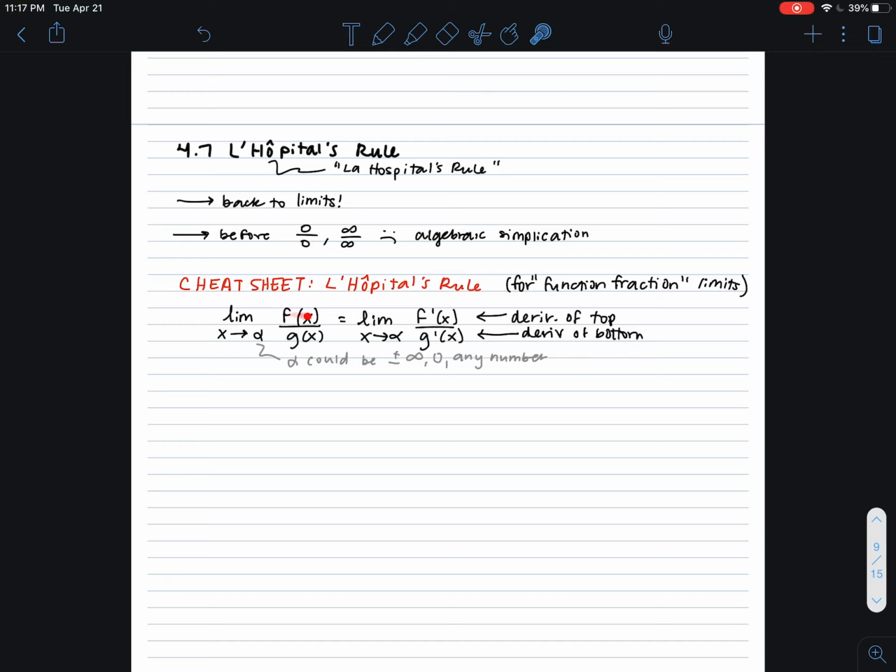This is just taking the derivative of the top, taking the derivative of the bottom, and leaving them in their respective spots. So this is not the derivative of this guy. It's just that these two limits are equal to each other.